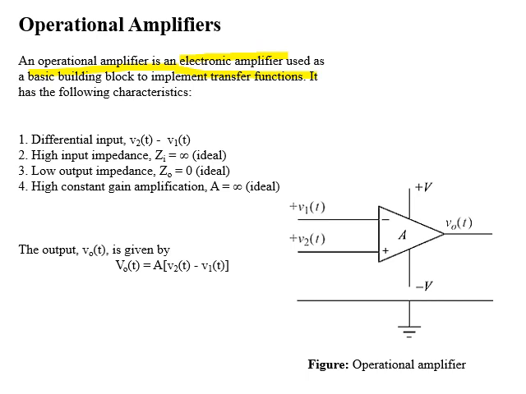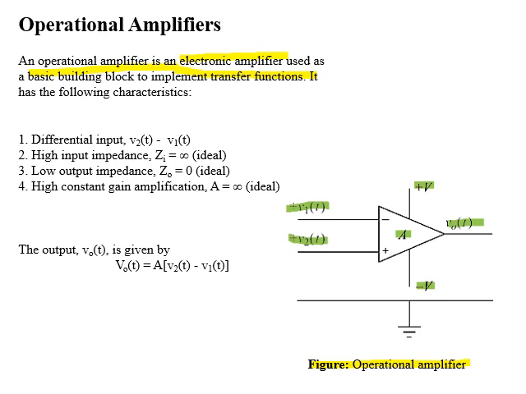If you look at the figure of operational amplifier, it has two inputs, V1 of t and V2 of t. Output is V0 of t. A is the gain of the amplifier. V plus and V negative are the actuating voltage of this amplifier.